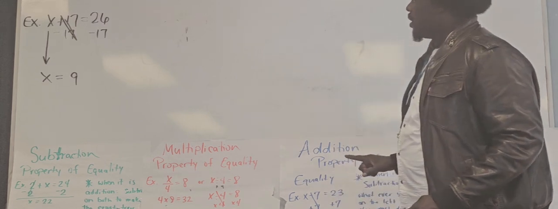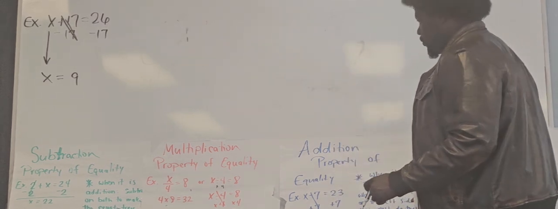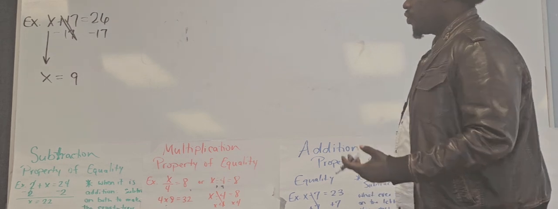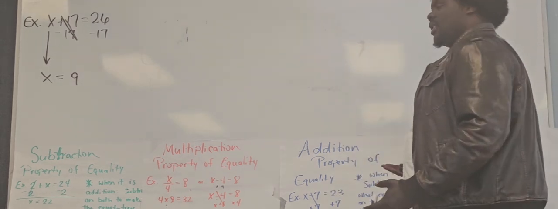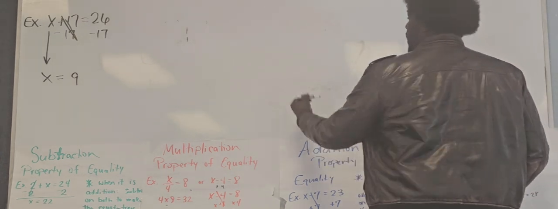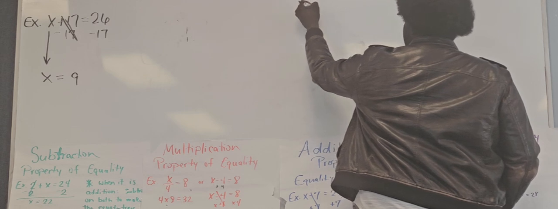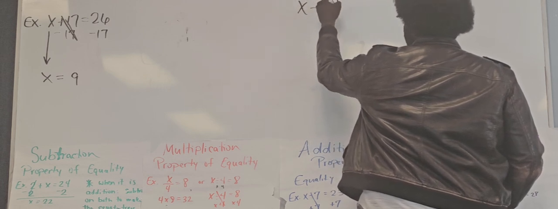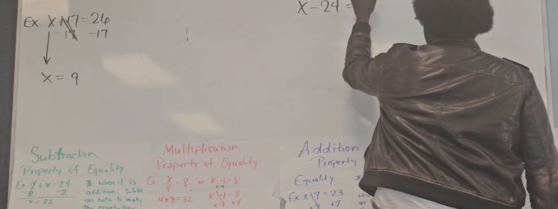Next, we're doing addition. Now, with addition, same thing as subtraction. If you add something on one side, you have to add it on the other side to make the equation true. So, let's say we start off with x minus 24 equals 63.